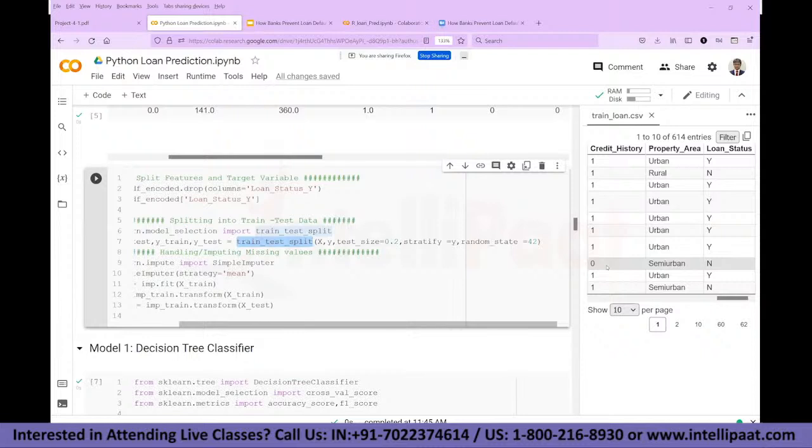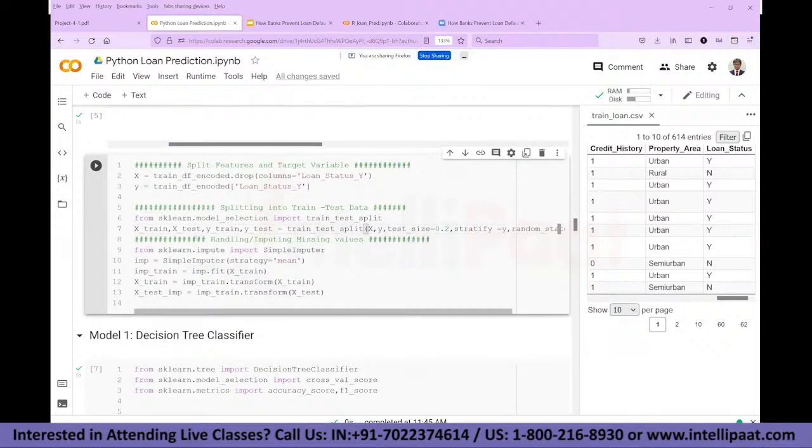The next time I run the code, it will take the first 4 and the last 3 in train, and the middle 3 in test. So this keeps on changing. What I do is put random state as some fixed number, that is 42 or any number. 42 is not some special parameter. You can put 21, you can put 20, anything, just to make sure that every time the split happens, it happens the same way.